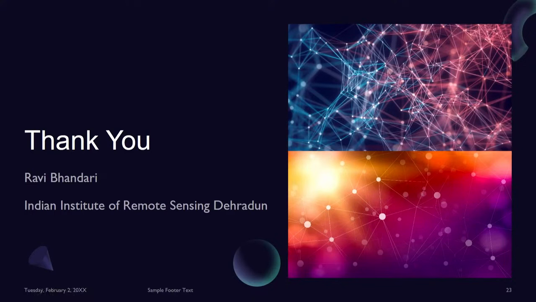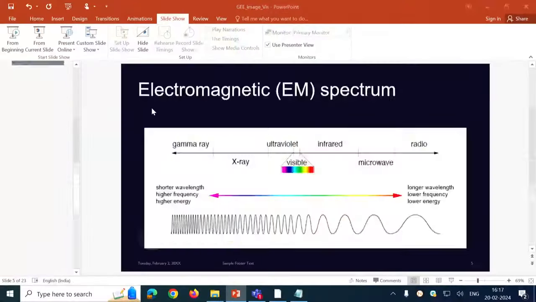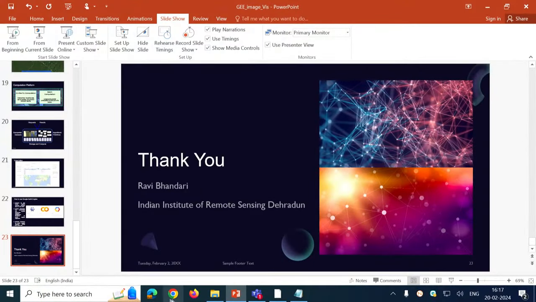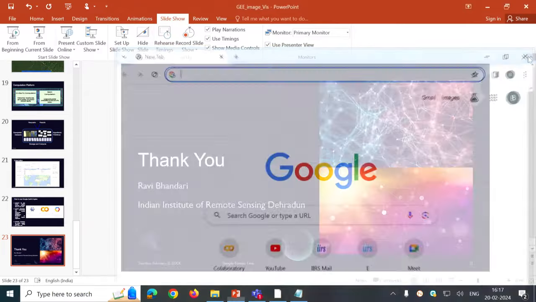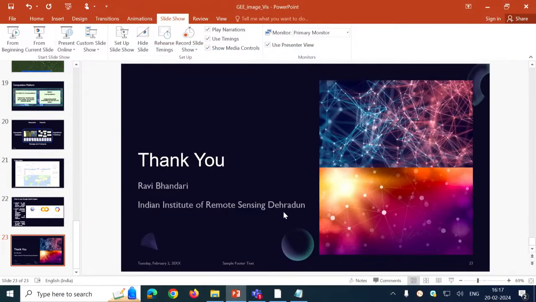So this was all about this. Now let us see how we access these APIs. For that, I think it must have been told to you yesterday. For accessing Google Earth Engine, first you need to request a Google Earth Engine account. With your Gmail account, you can just request Google Earth Engine access.